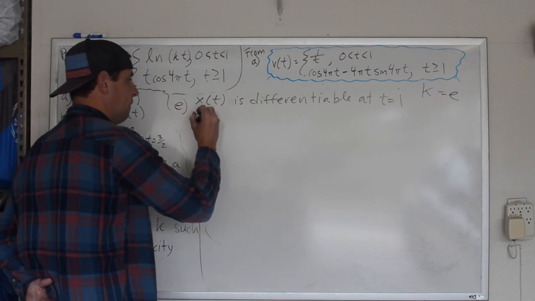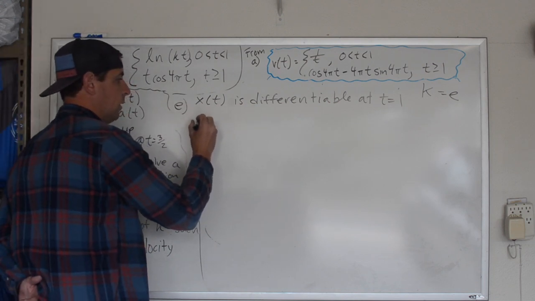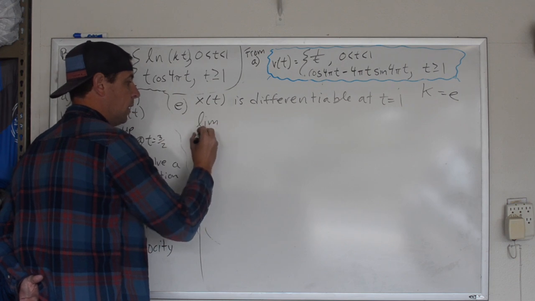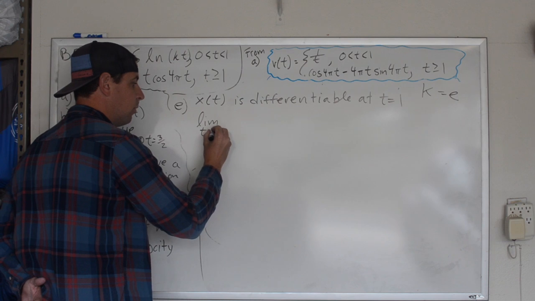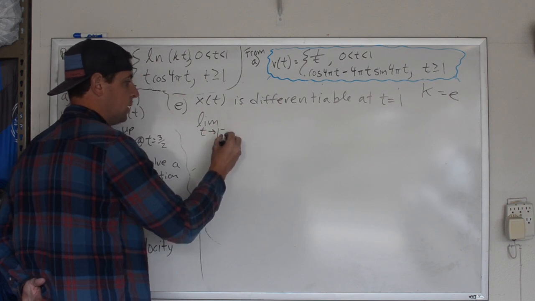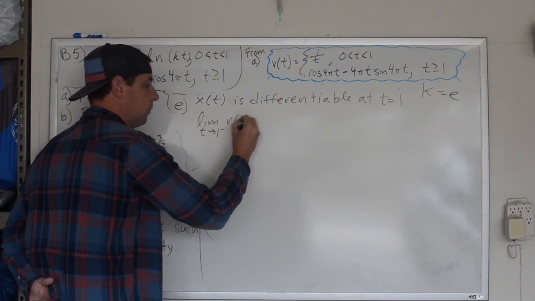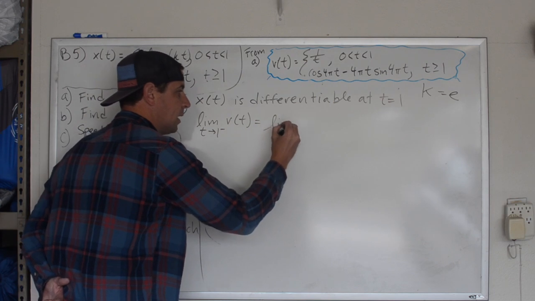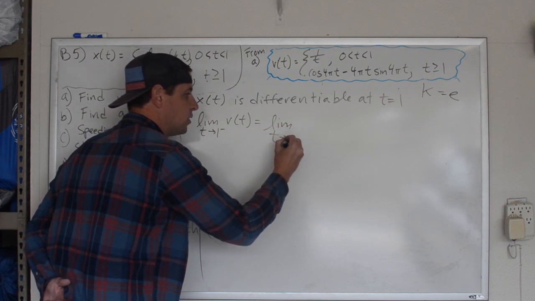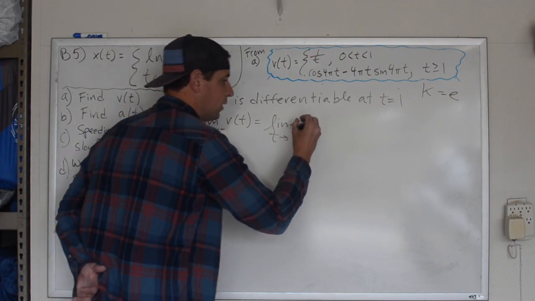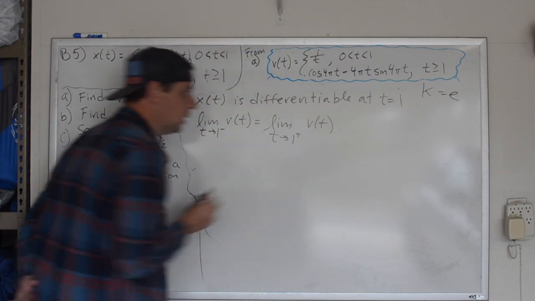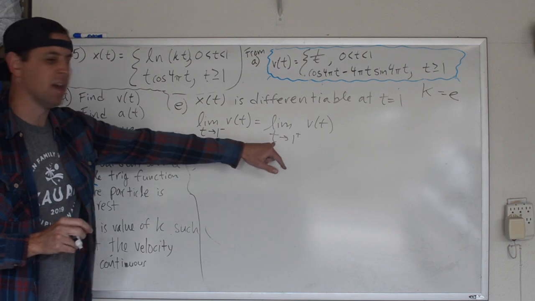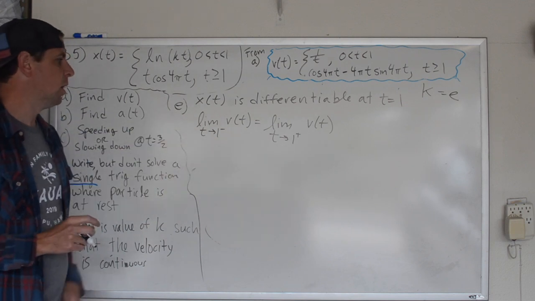So I need then that the limit as t approaches 1 from the left of v of t is equal to the limit as t approaches 1 from the right of v of t. I should have written t on my limits for the last one. I think I put x there.